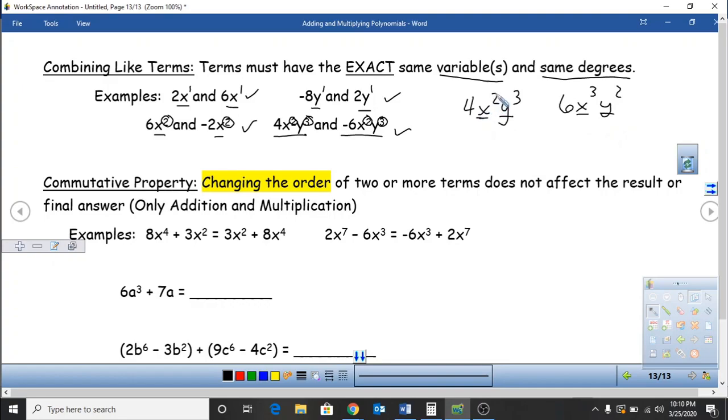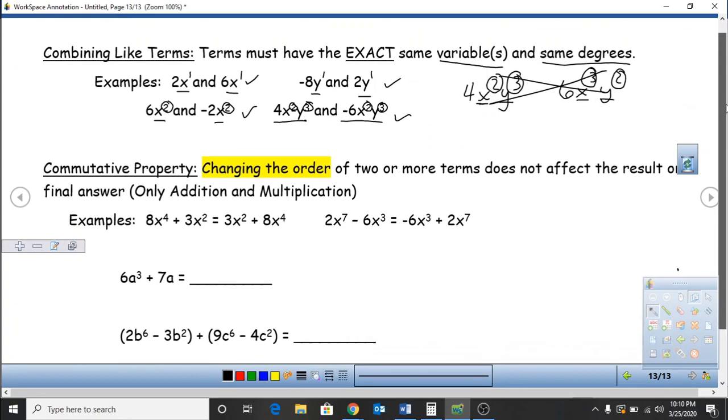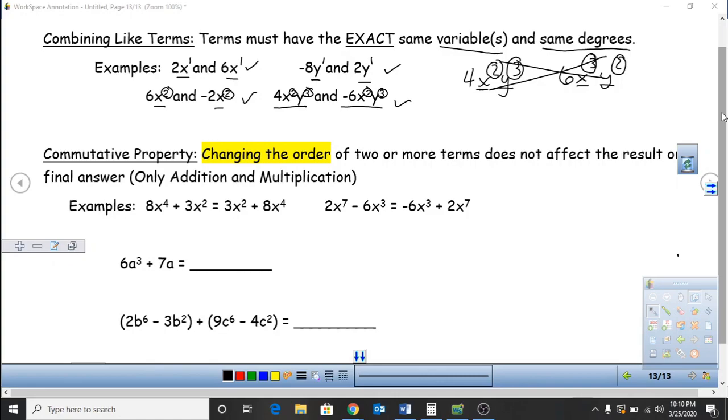They both share x's, and they both have y's, which is good. But if you look at the exponent for the x, it has an exponent of 2, and this x has an exponent of 3. And similarly, the y has an exponent of 3, and this y has an exponent of 2. At first glance, you might have thought that they're exactly the same, but if you pay close attention, the exponents are off. So I'm not allowed to combine them. Even though they do look similar, I'm not allowed to combine them because they are not exactly the same. So keep in mind that you do have to make sure that they are exactly the same.